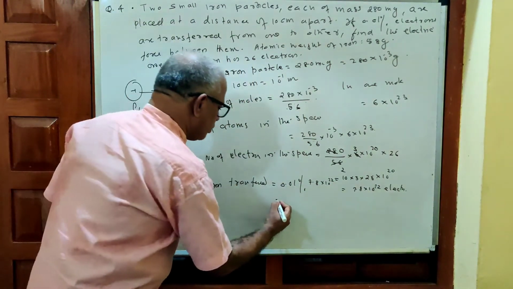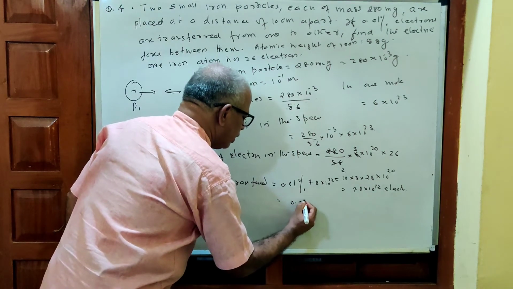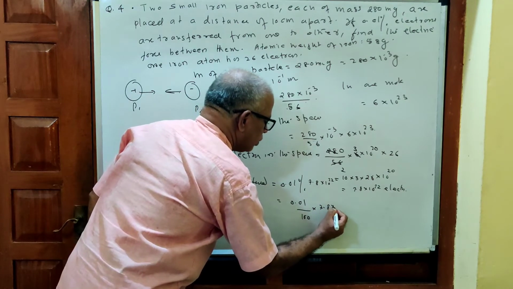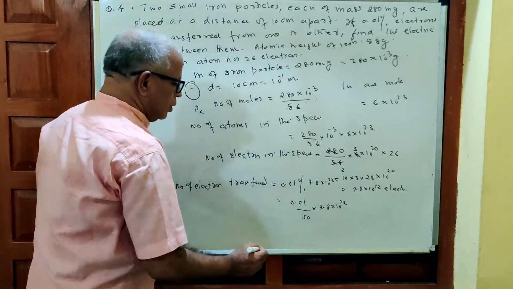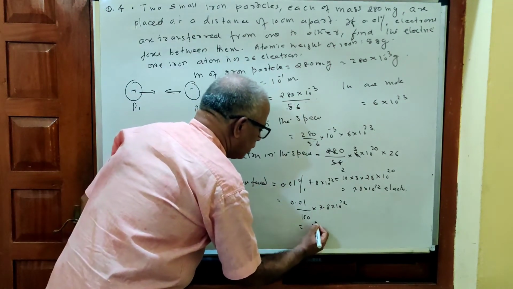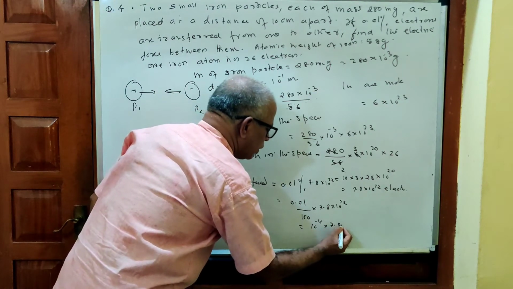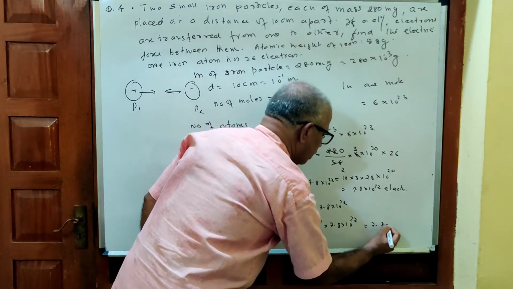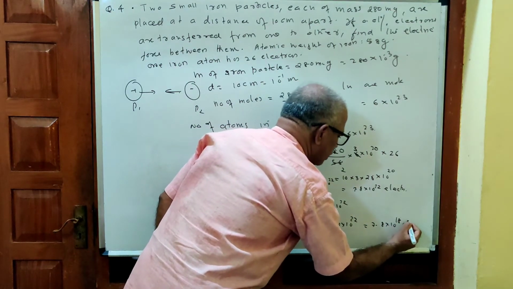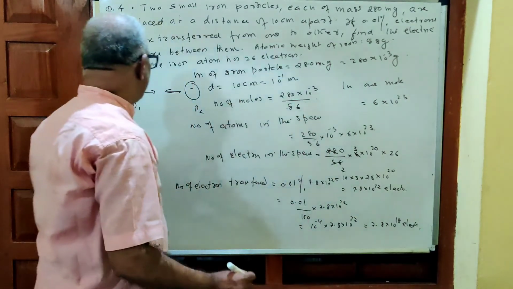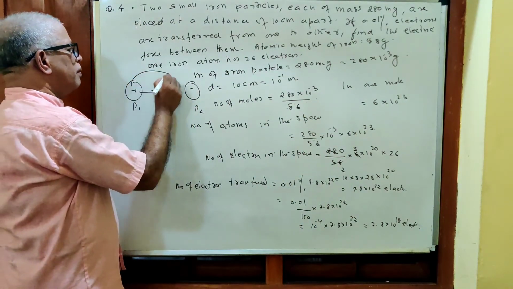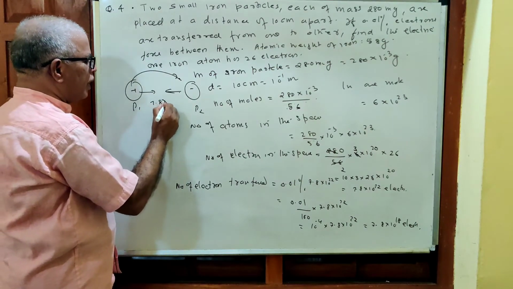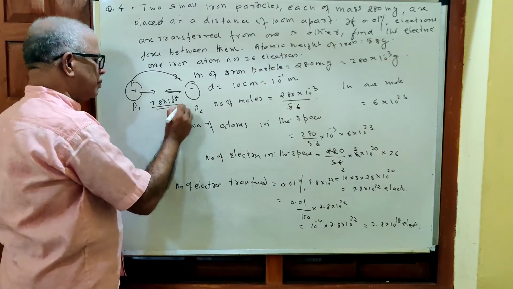That is 0.01 divided by 100 into 7.8 into 10 to the power 22. That is 10 to the power minus 4 into 7.8 into 10 to the power 22. So 7.8 into 10 to the power 18 electrons are transferred from this particle to the other. So a very huge number.